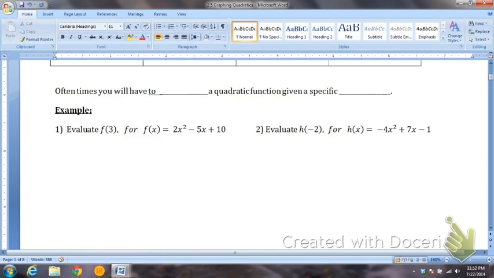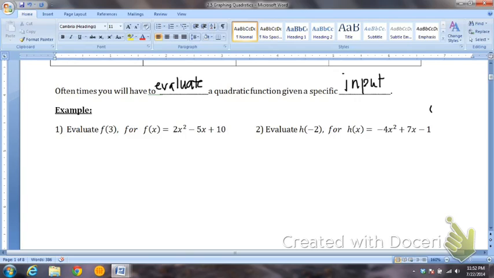Alright, oftentimes you will have to evaluate a quadratic function given a specific input. So, for example, if we're looking at number 1, it says evaluate f of 3.